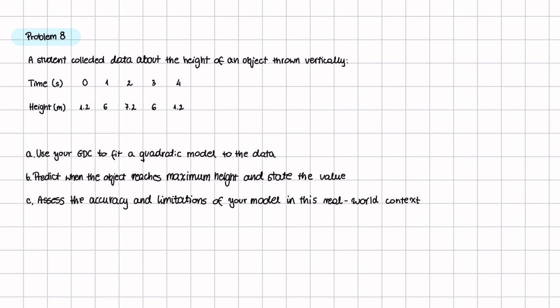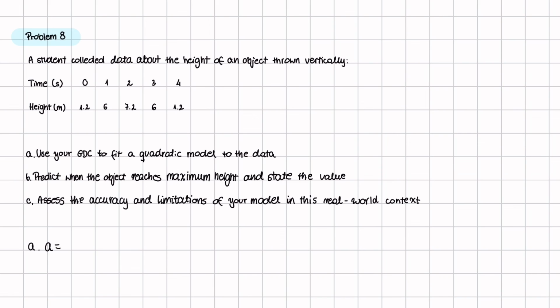Problem 8. A student collects data about the height of an object thrown vertically, and we have in the first row time, and in the second row we have height, and in A we have to use our GDC to fit a quadratic model to the data. So we have to type our values into statistics or spreadsheet, depends on your GDC, and then calculate regression x squared, and we have our values.